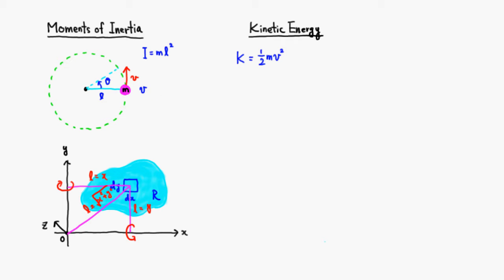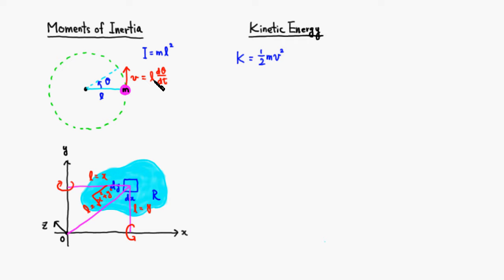v is equal to the radius, which is going to be L, times the rate of change of the angle, d theta over dt, just a derivative of the angle theta.